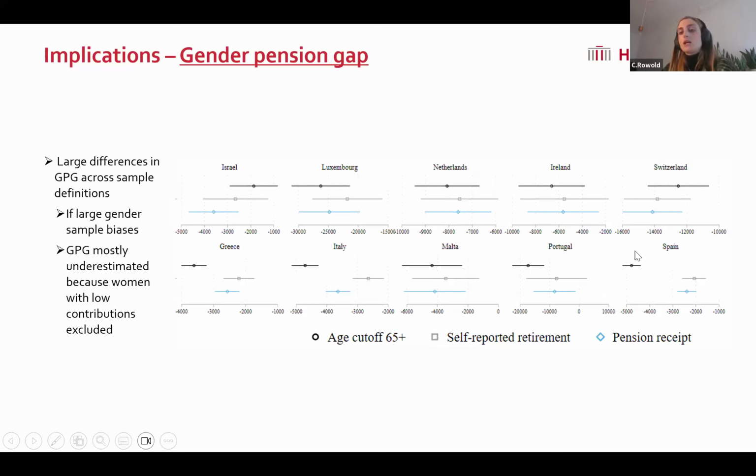Again, this is particularly large in countries where we would also exclude a lot of women, because, which I didn't show, most of these women have done a lot of care work across their life course, have lower contributions, and therefore would be excluded from the sample. And this obviously has large implications on different dimensions of inequalities if the selective group of women is being excluded, as you can see here.